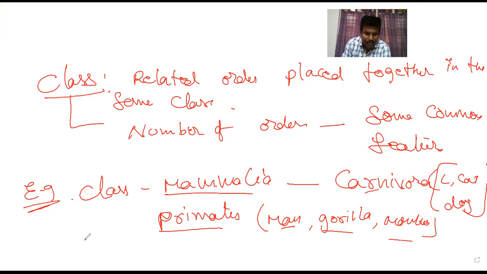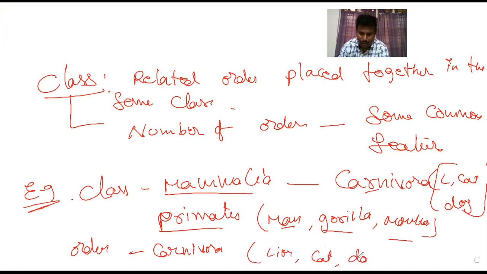Next, order Carnivora: lion, cat, dog belong to the class Mammalia.